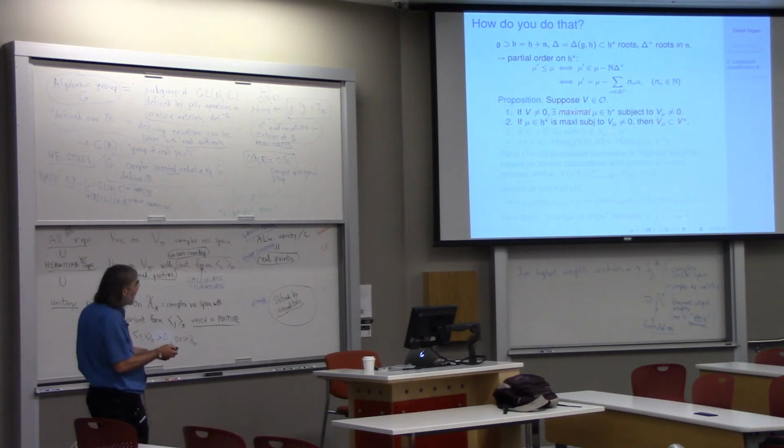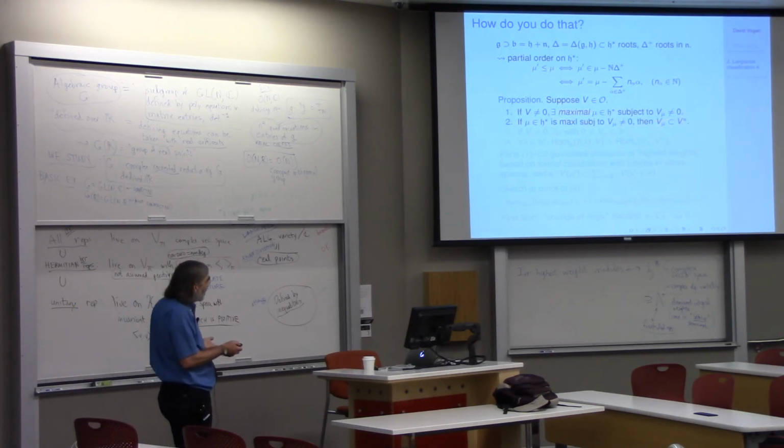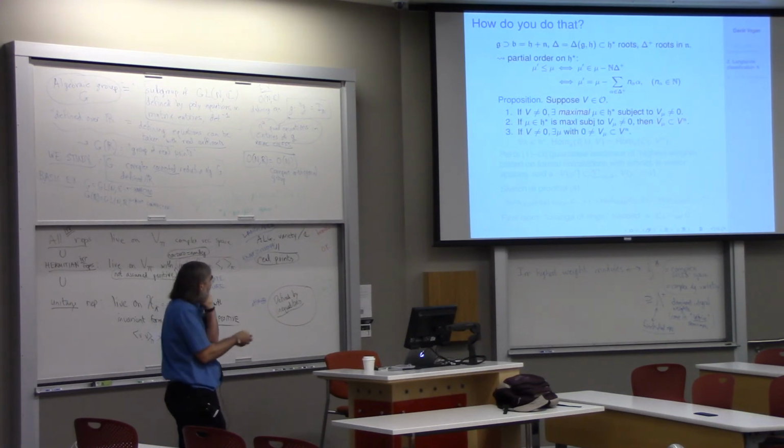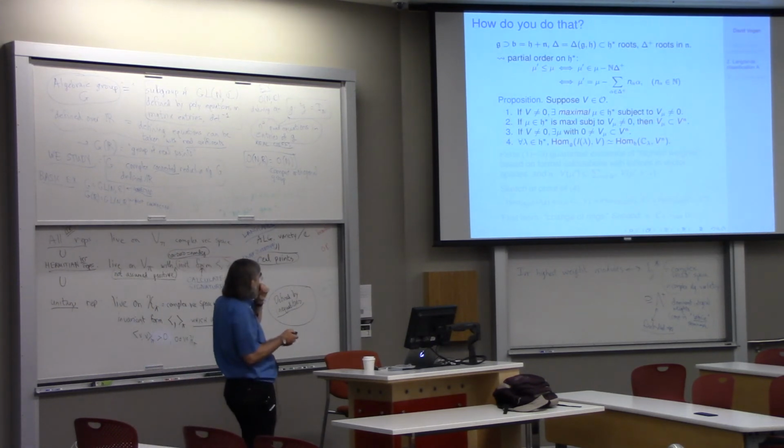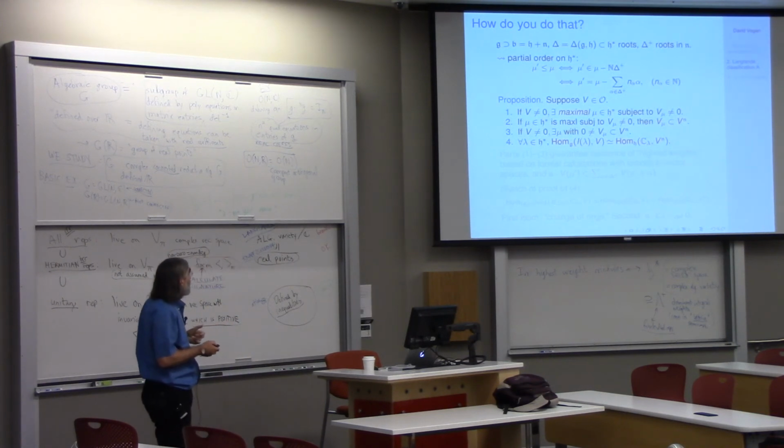And if you have such a maximal weight, then the weight space is killed by the action of n. And if you put 1 and 2 together, it tells you if you have a non-zero module, there's a weight where the weight space is contained in the n fixed vectors. And this fourth statement is unrelated to the first three.